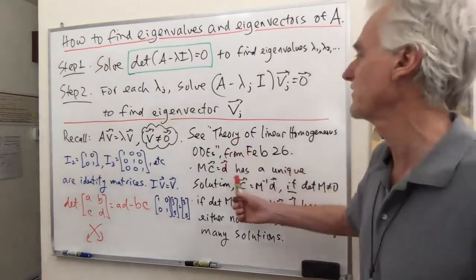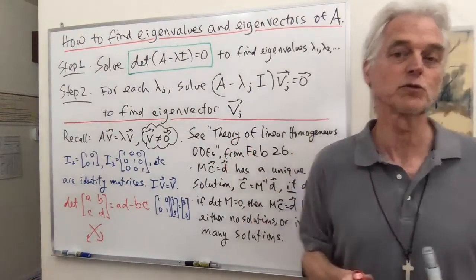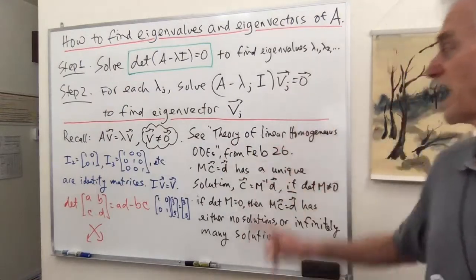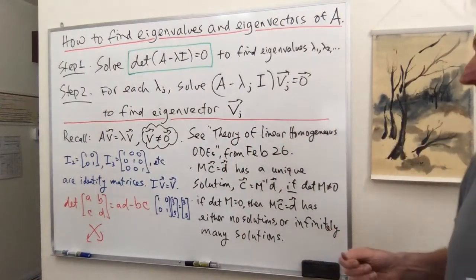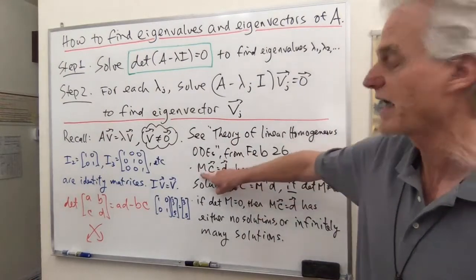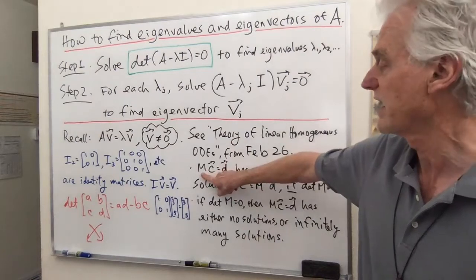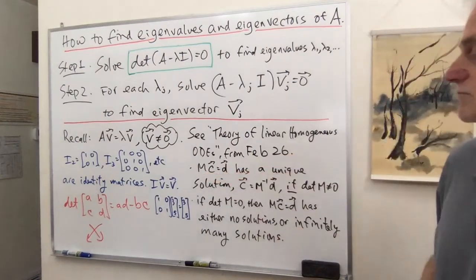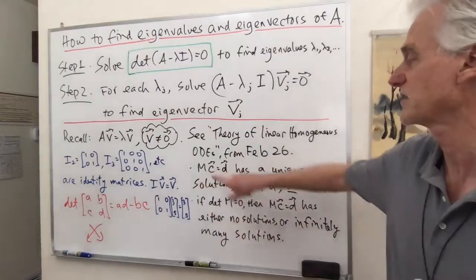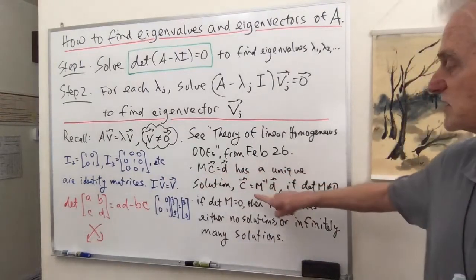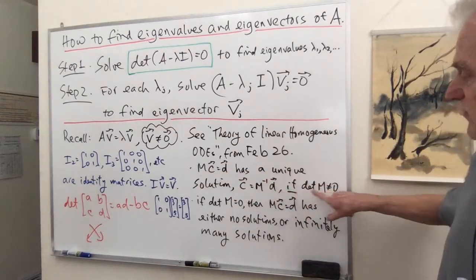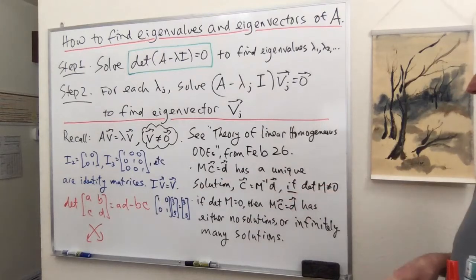And then finally, going way back to a PDF that I posted for the class on February 26th, we talked there about a matrix equation. M is a matrix. MC equals D. For C and D vectors, and M a square matrix, MC equals D has a unique solution, C equals M inverse D, if the determinant of M is non-zero.